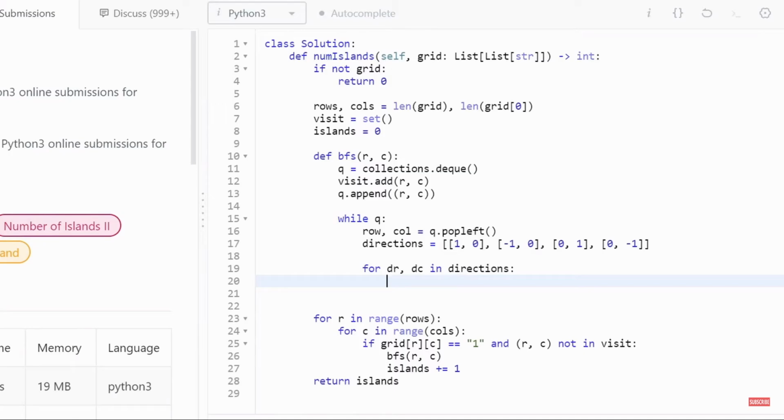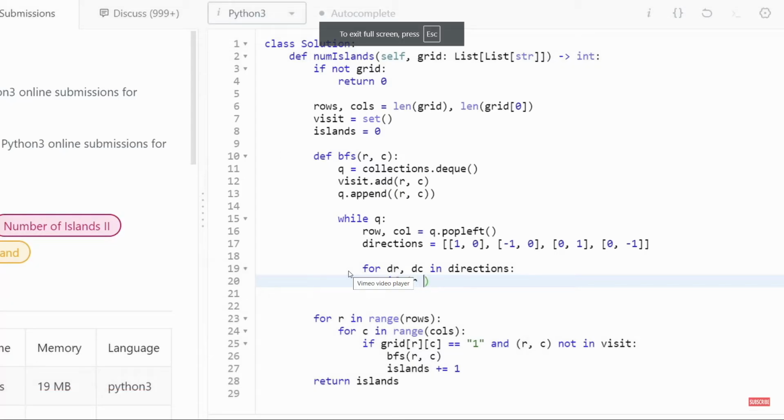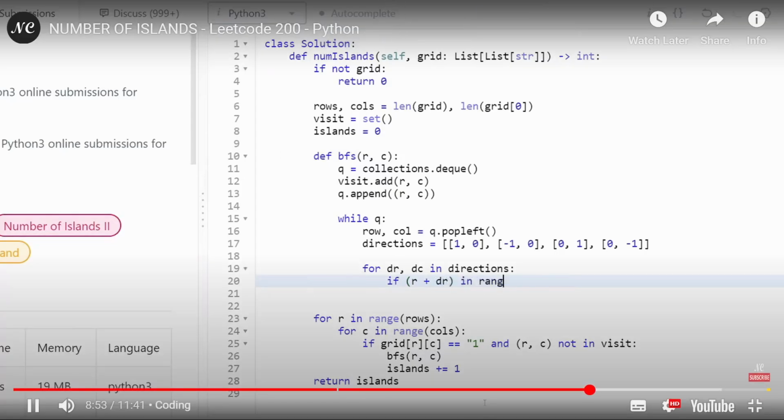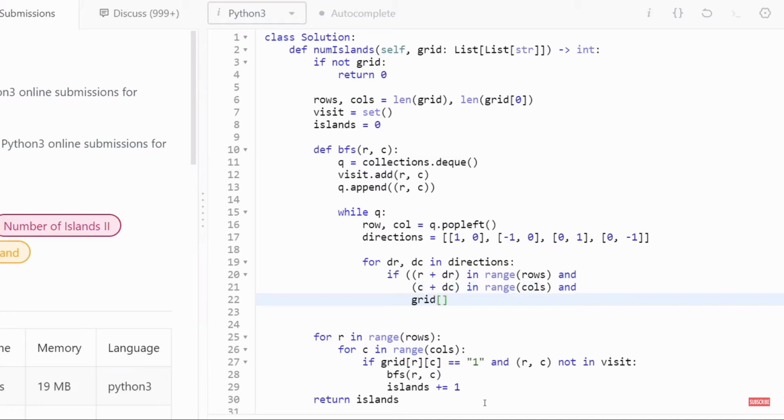First, we want to check that this position is in bounds. The way in Python I like to check that is just if r plus dr is in range of rows, and check that the column plus direction that we're moving in is also in range of columns, and that this position is a land position. So this is equal to 1, meaning it's land.